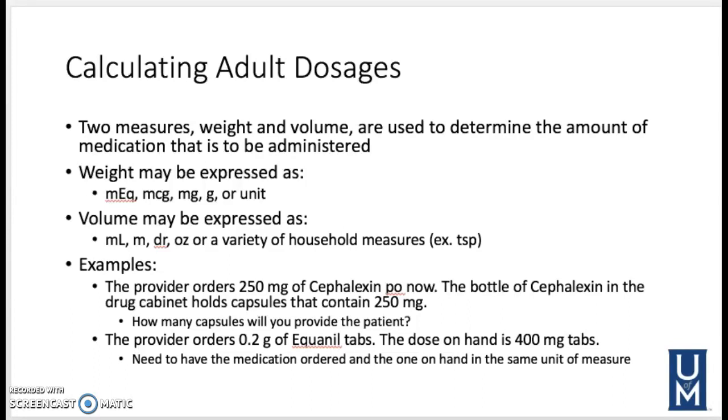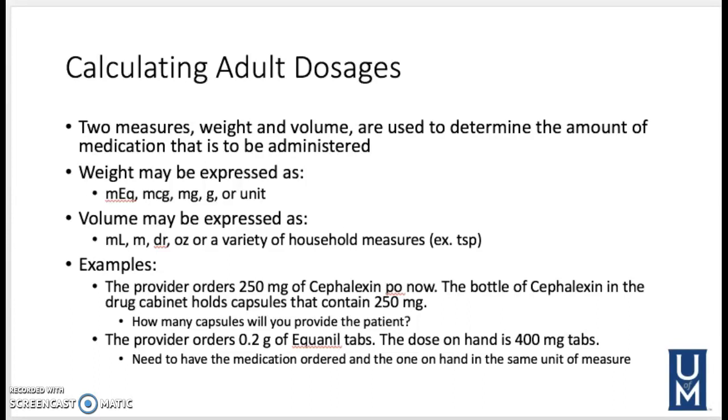So 0.2 grams needs to be converted into milligrams. Converting that, there's 1,000 milligrams in a gram, so we move that decimal point over 3 places to the right. That's going to give us 200 milligrams of Equinol tabs.